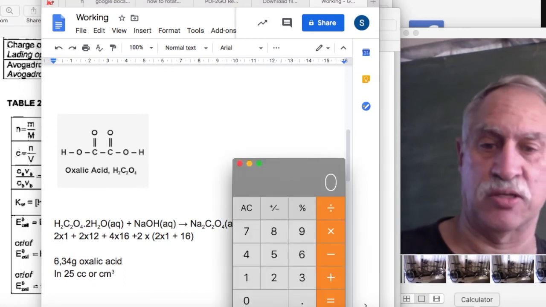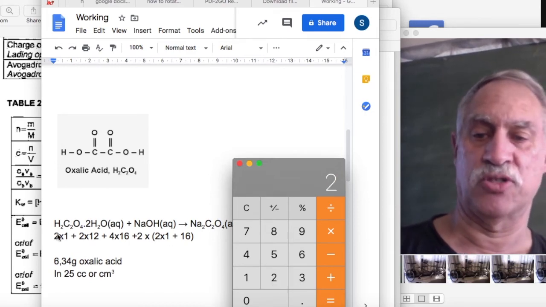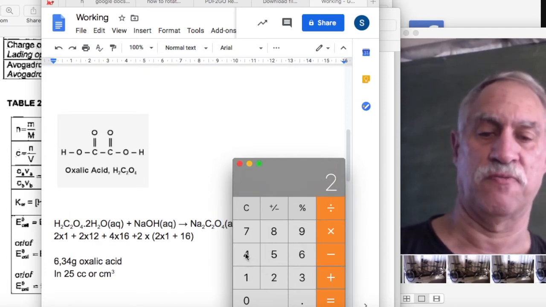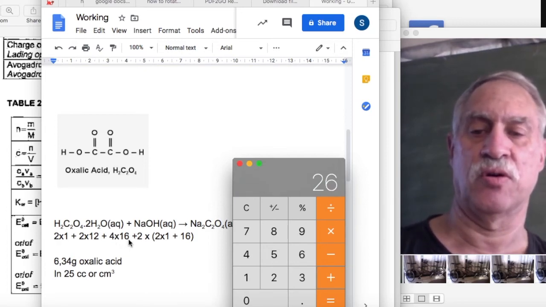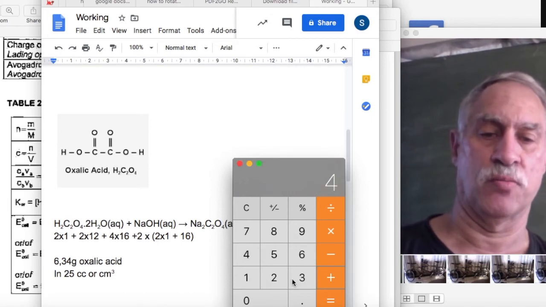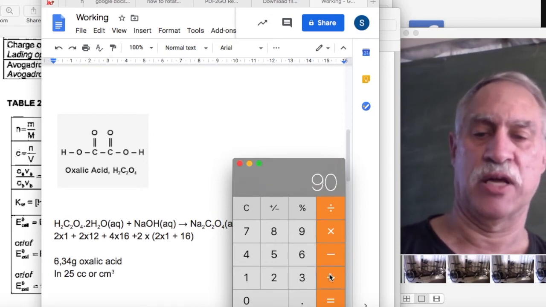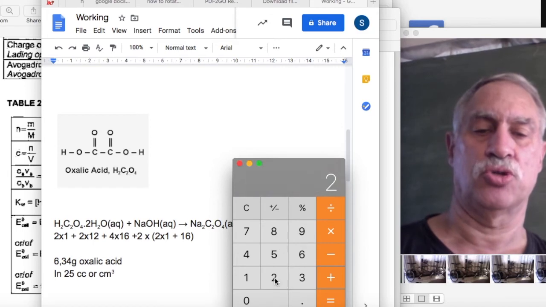So we got 2, that's the 2 times 1, plus 2 12s are 24, plus 4 times 16, plus 2 times, this is 16 plus 2 is 18, plus 2 times 18 equals 126.